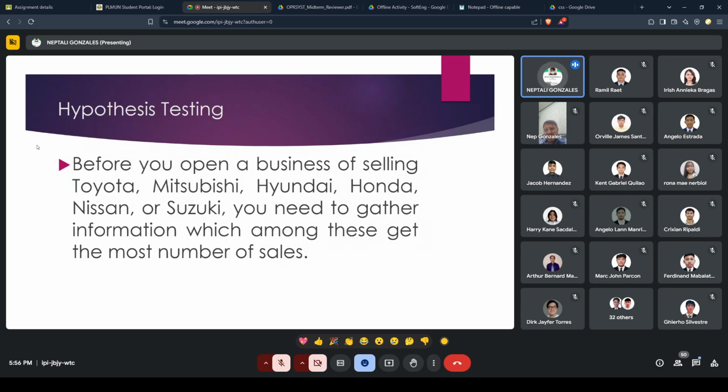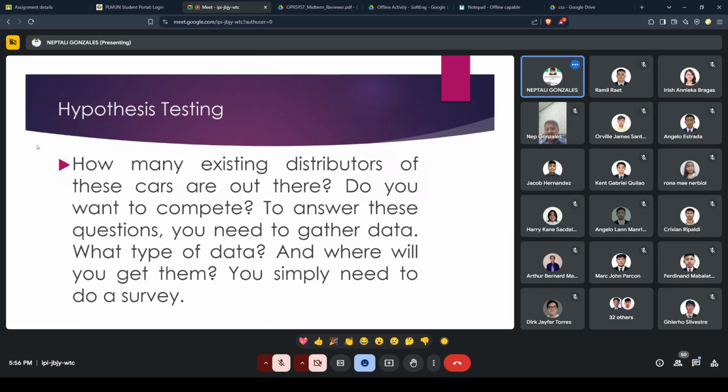So before you open a business selling Toyota, Mitsubishi, Hyundai, Honda, Nissan, or Suzuki, you need to gather information on which among these gets the most number of sales. And how many existing distributors of these cars are out there? There are so many, that is one factor already. Do you want to compete with them?